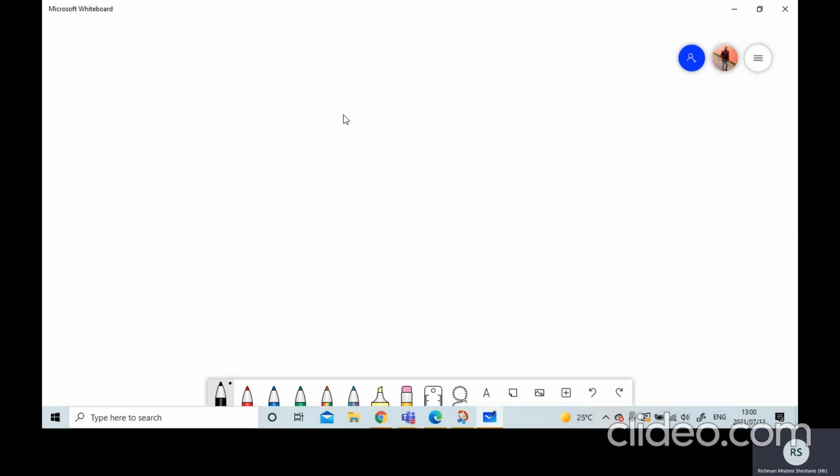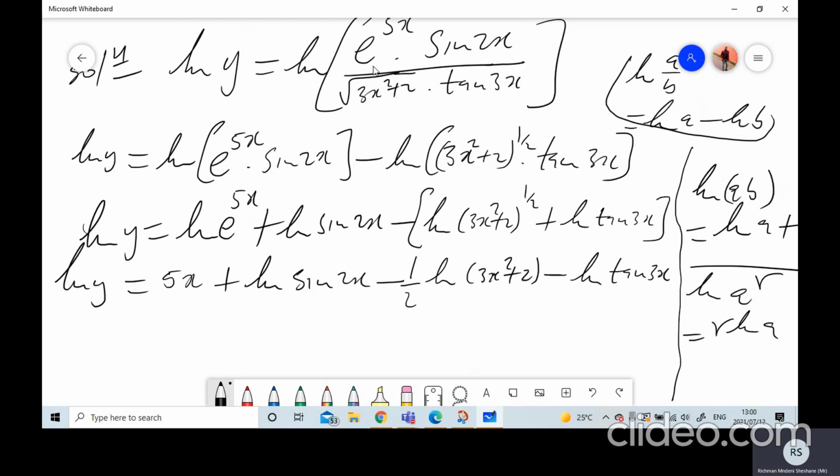So we see here ln of the numerator over denominator. Ln of the numerator over denominator is the same as ln of the numerator minus ln of the denominator, ln of a minus ln of b. And then we also see the second property, which is ln of a times b.